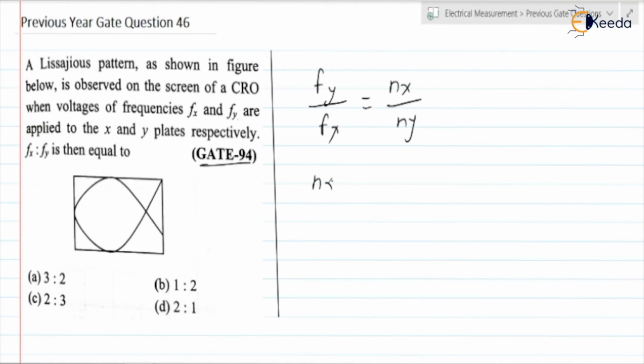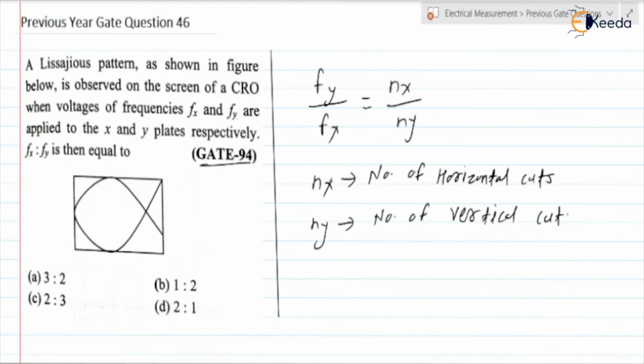So where nx is the number of horizontal cuts, and ny is the number of vertical cuts.